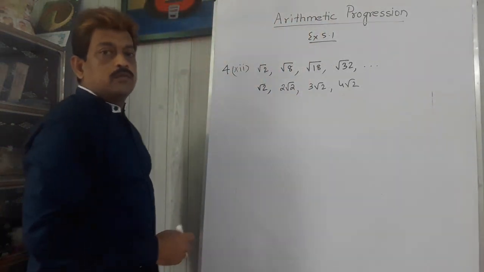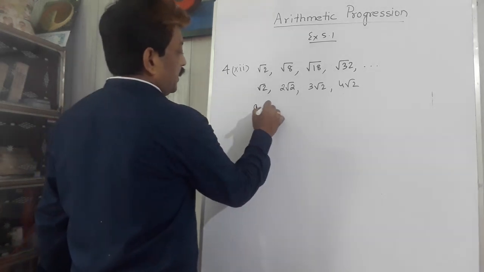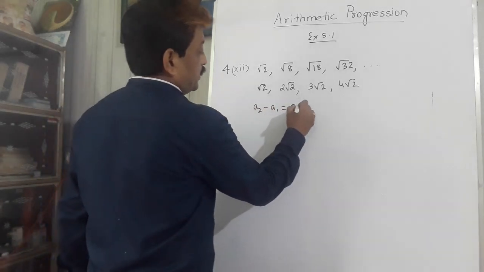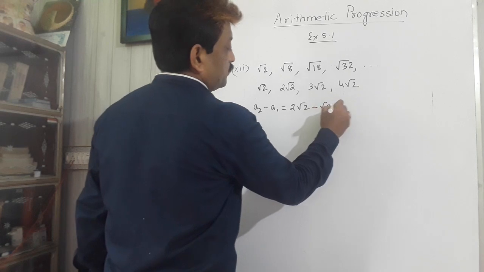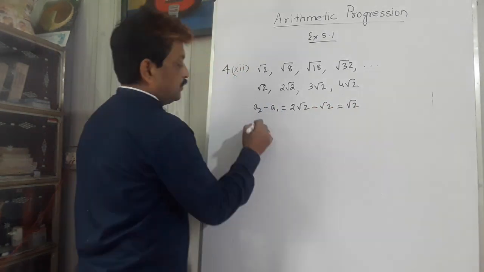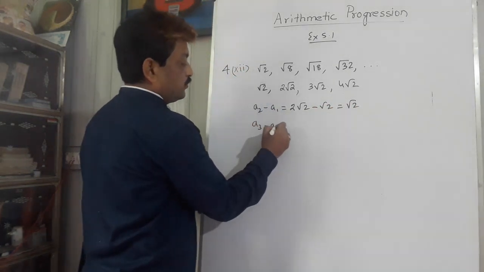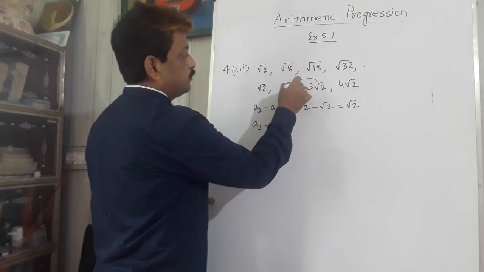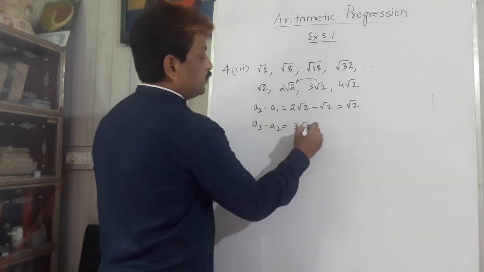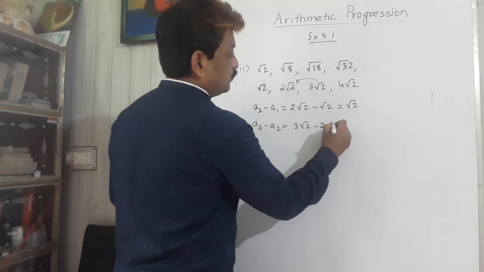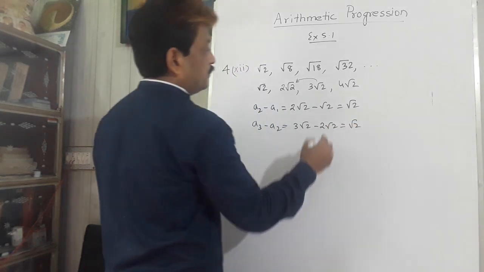Now let us find out the differences. A2 minus A1, that is 2 root 2 minus root 2, that is root 2. A3 minus A2, so 3 root 2 minus 2 root 2, that is root 2 also.